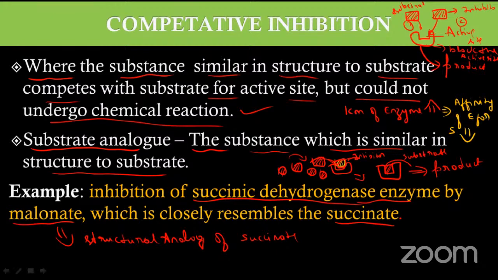Always the enzyme should have a low Km value, for increased enzyme activity. If it has a high Km, it has low affinity towards the substrate.